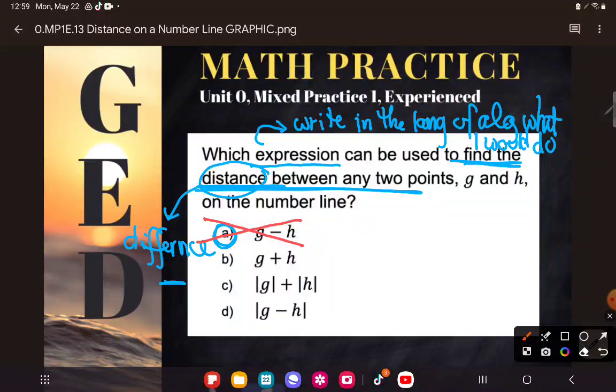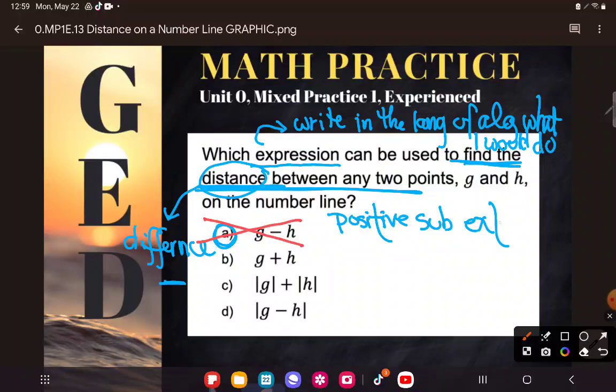And if you talk about how far or how much space between something, you would never have negative space. You can't have less than nothing between you and another object. Okay, so when you talk about distance or difference, it's important to know that yes, it's subtraction, but it's always positive. It's a positive subtraction expression.